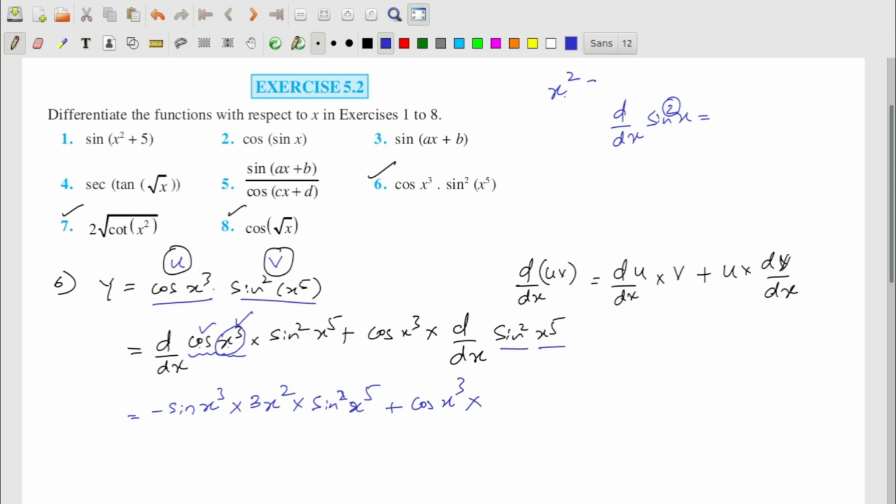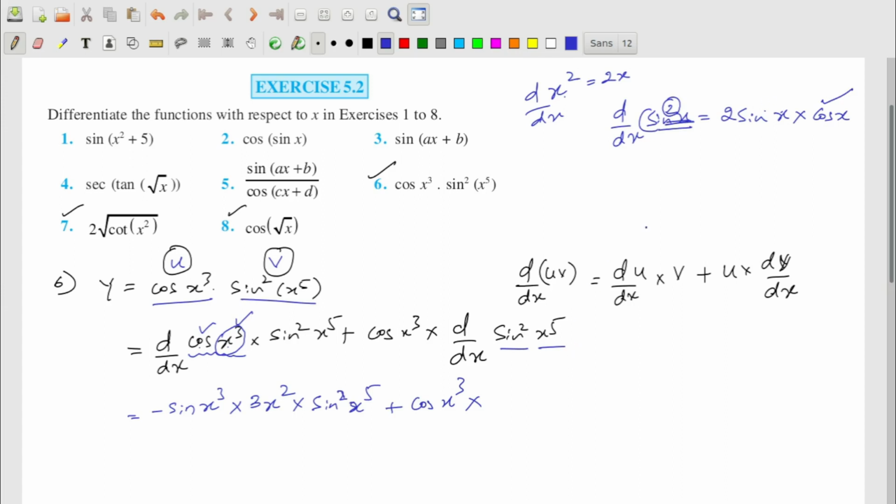What is the derivative of x square? d by dx of x square is 2x. So d by dx of sin square x will be 2 times sin x into the derivative of sin x, that is cos x.